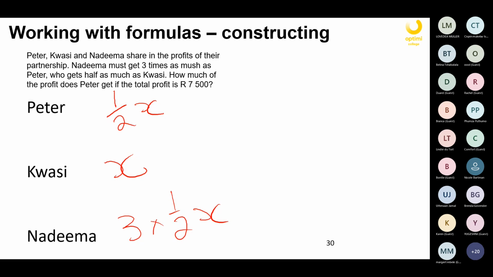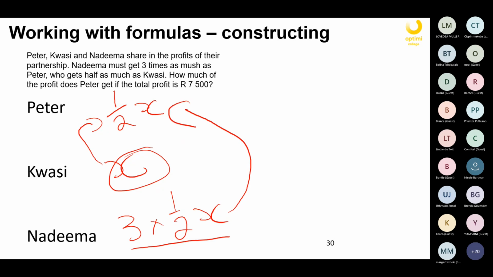Kwasi gets X, Peter gets half of what Kwasi gets, and Nadima gets 3 times what Peter gets.